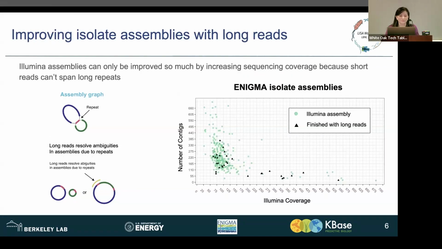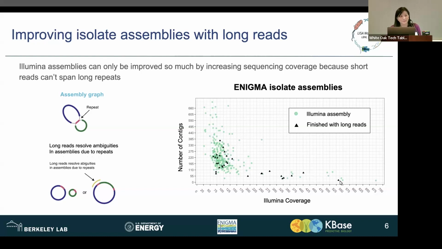So what's the big deal of long reads? Because we have so much data in Enigma, I could actually make this graph of what happens if you increase the amount of coverage that you have of your genome. And so you can see here that after about 200x coverage, so that's the sequencing depth, right?